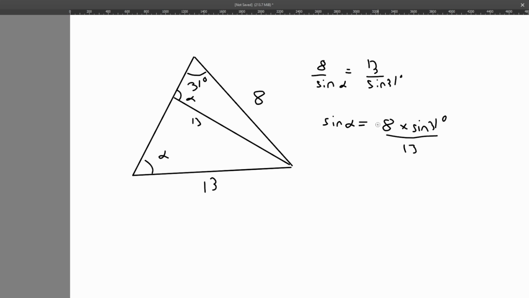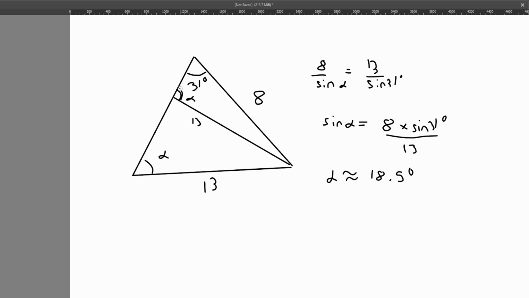Doing this, we get inverse sine of 8 times sine 31 divided by 13, which is approximately 18.5 degrees. So alpha is approximately 18.5 degrees.